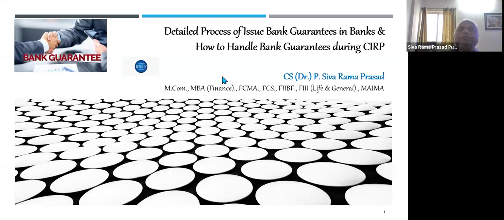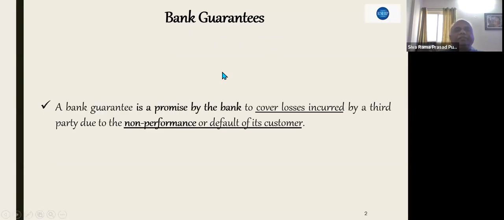Now coming to the bank guarantees. A bank guarantee is a promise by the bank to cover the loss incurred by a third party due to non-performance or a default of its customer. Suppose, for example, there is one road contractor. He won the tender, 10 kilometers road, 4 lines.